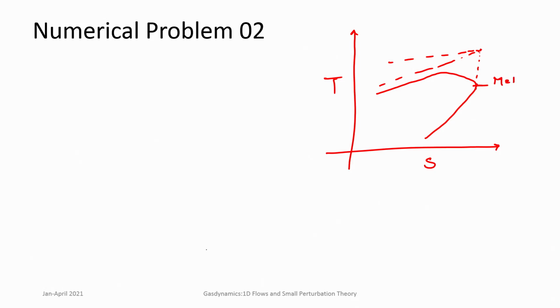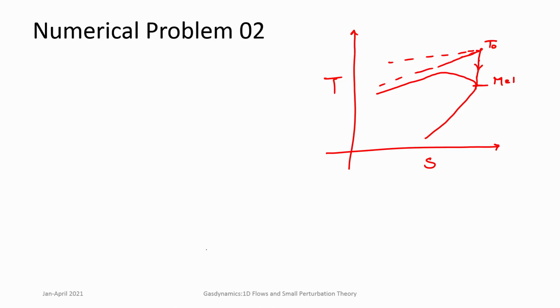So, the flow goes from a stagnation temperature T naught over here, through an isentropic process to the point where Mach number equals 1. Thereafter heat is removed.